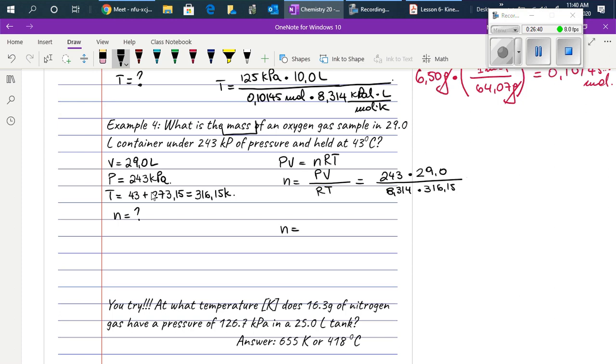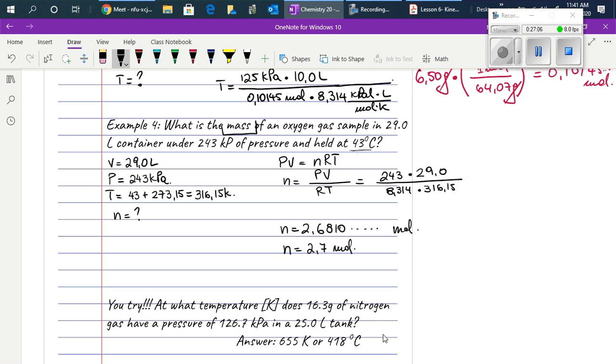Using your calculator, you will have a value of n, what the calculator is giving you is something like this, moles.